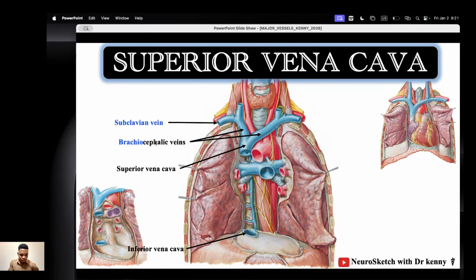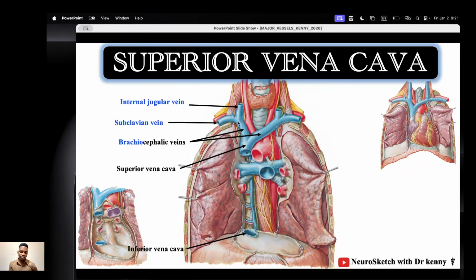The other vein that is draining the upper part of the body is actually the internal jugular vein. The internal jugular vein is draining the head and neck. This is to say the brachiocephalic vein is actually a union of the subclavian vein and the internal jugular vein.